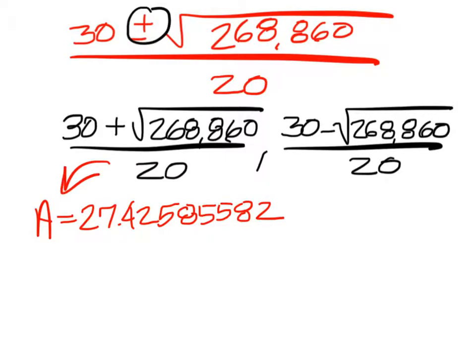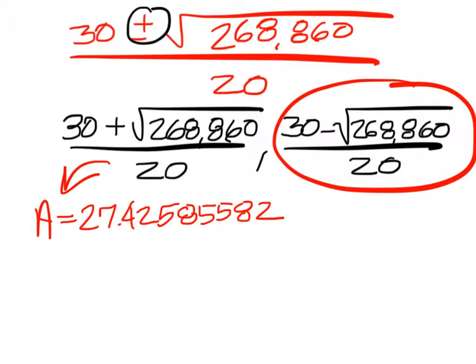So now let's go over to this one and do 30 minus, and then hit second x squared for the square root, 268,860, hit enter at that point. Alright, if you hit enter at that point, then you have to divide by 20 still.